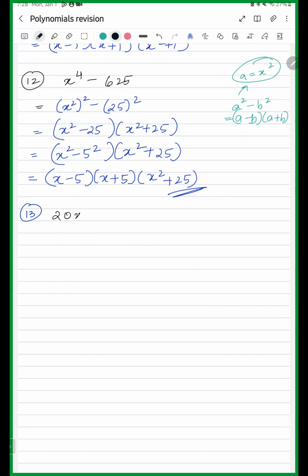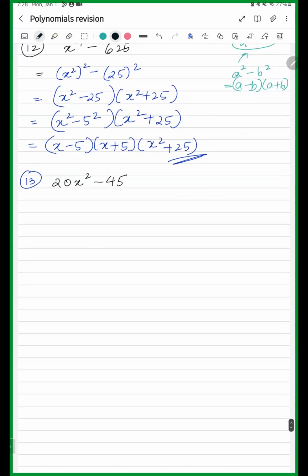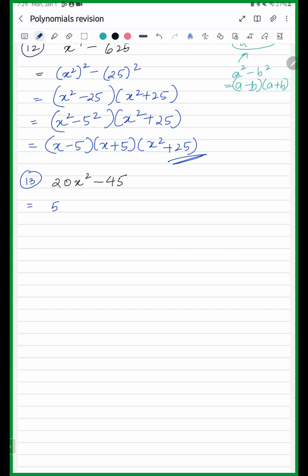20x square minus 45. So here we can take 5 as common. In the bracket we are left with 4x square minus 9.